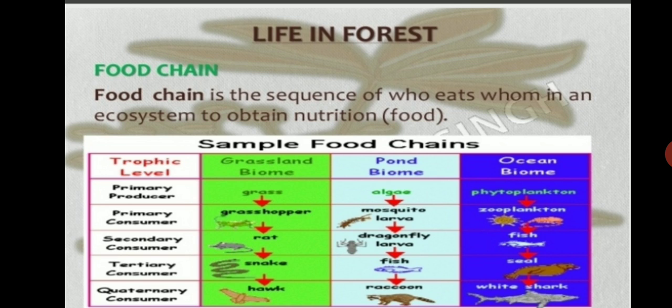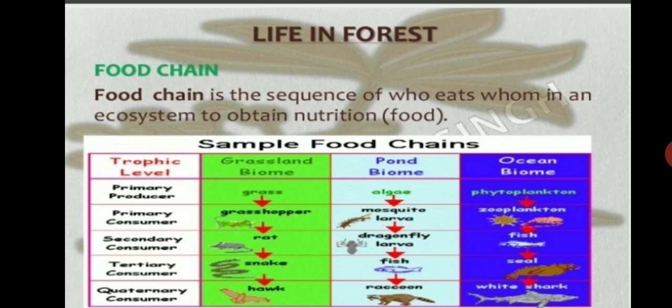So in this case, grass is a primary producer. They are the main source of food on earth, and they are consumed by primary consumers, that is herbivores. Secondary consumers are the carnivores. Secondary, tertiary and quaternary consumers are the heterotrophs that are dependent on other organisms for their food.